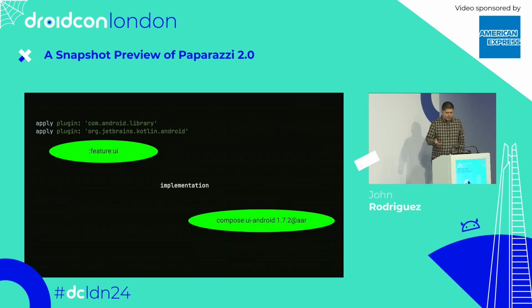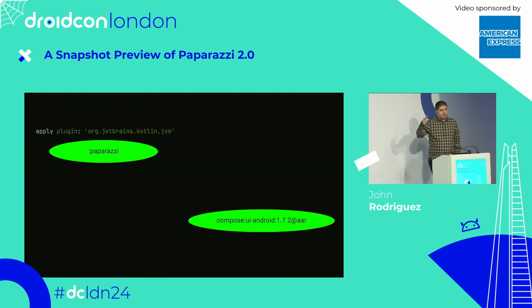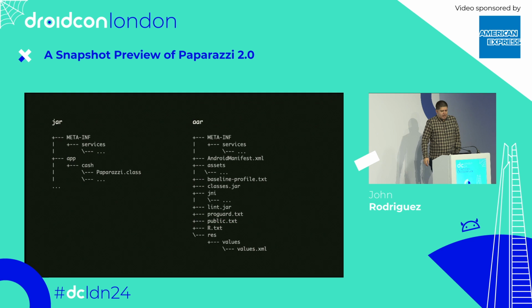To highlight what I'm talking about: typically if you have an Android module and you want to depend on an AAR, that's fine. That's built into the system. But the moment you have a JVM module and you still want to depend on that AAR, that's not allowed by Gradle. I gave a talk in NYC that really goes into how the variant matching system of Gradle works. I will spare you that here.